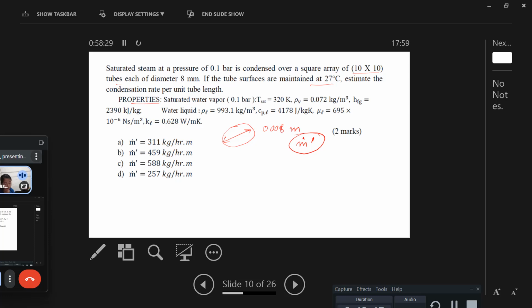For that we need to first find out h_fg', which can be written as h_fg into 1 plus 0.68 into Ja.